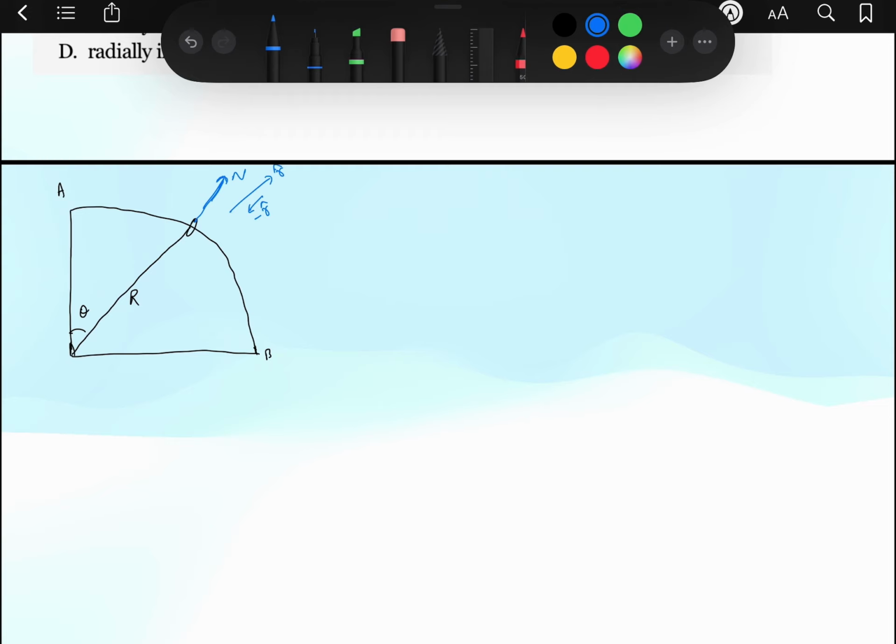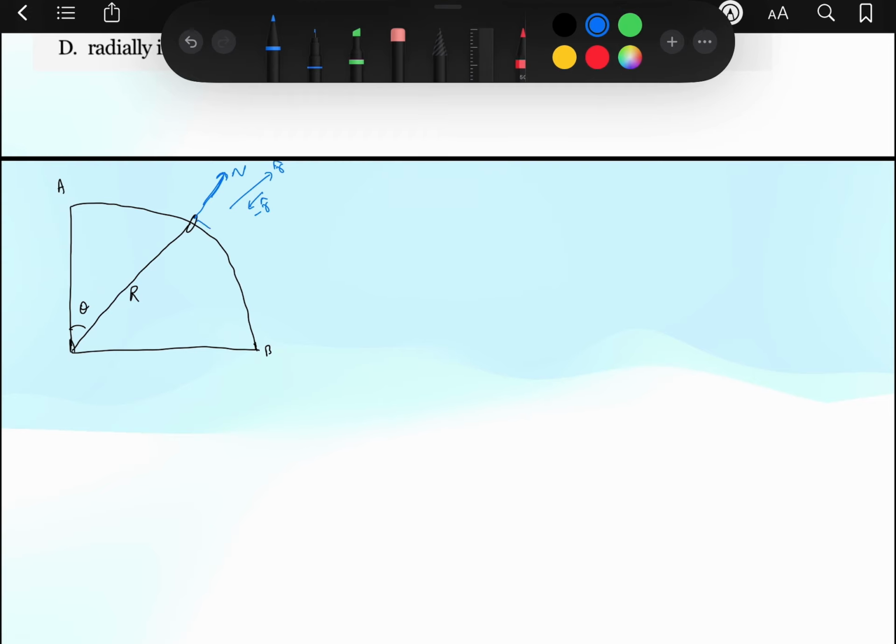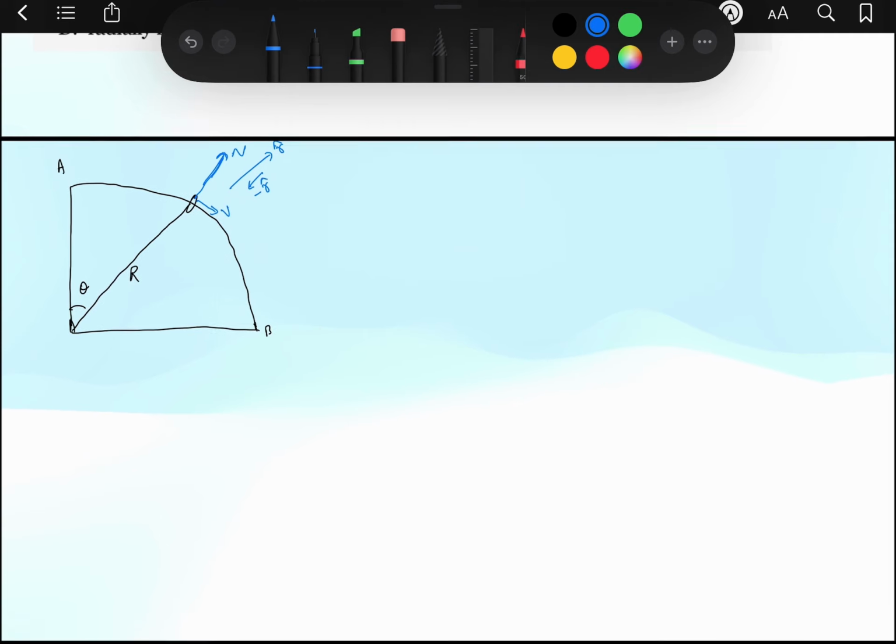Let me call the velocity of this bead at some intermediate point V. And one force will be acting in the downward direction, that is the weight of this bead, mg. If this angle is theta, then this angle will also be equal to theta.